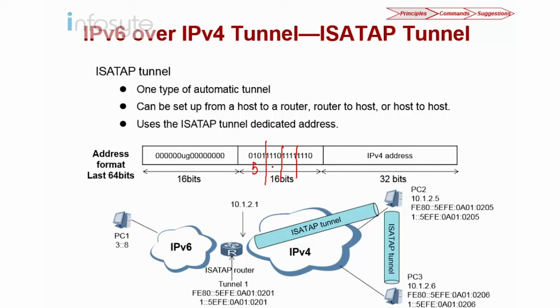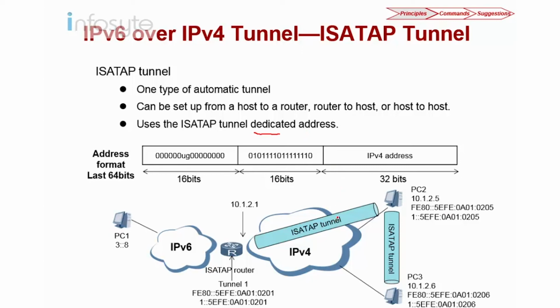This is 1110, that will be E. This is 01, will be F. This is 1110, will be E. You notice that there will be 5EFE, 5EFE. And this one will be purely IPv4. Now this is a dedicated address on ISATAP.